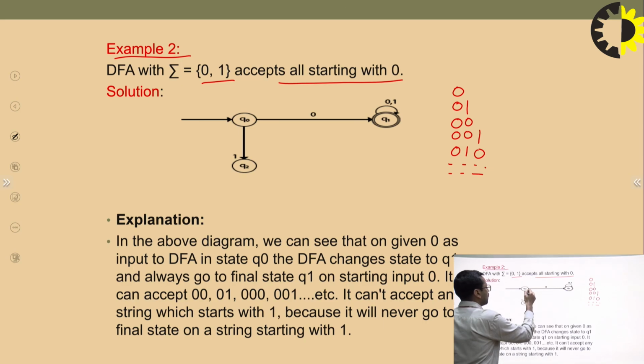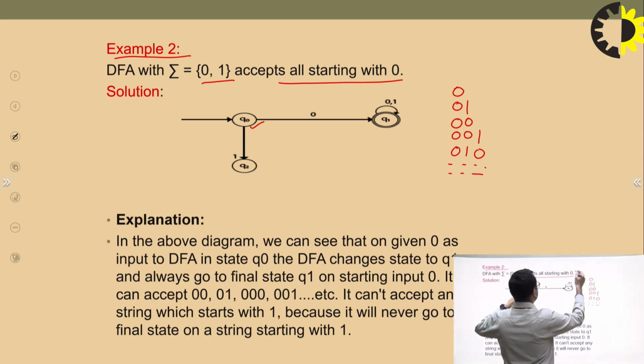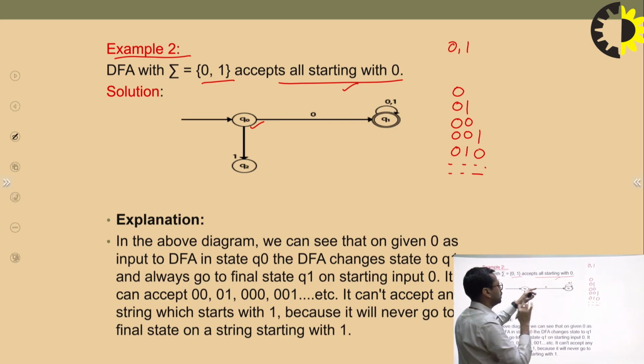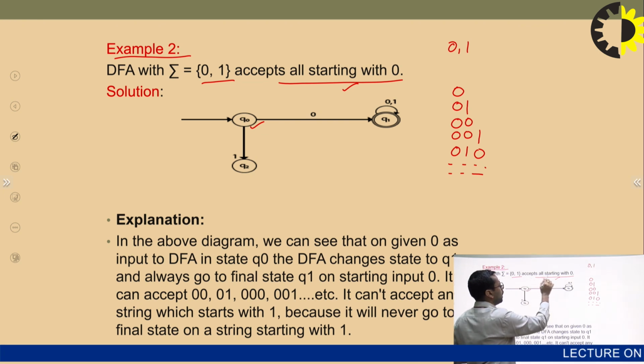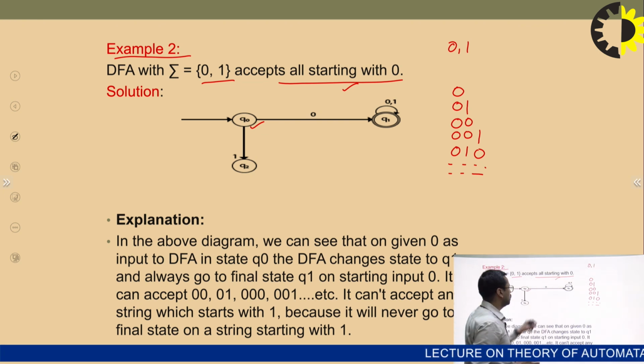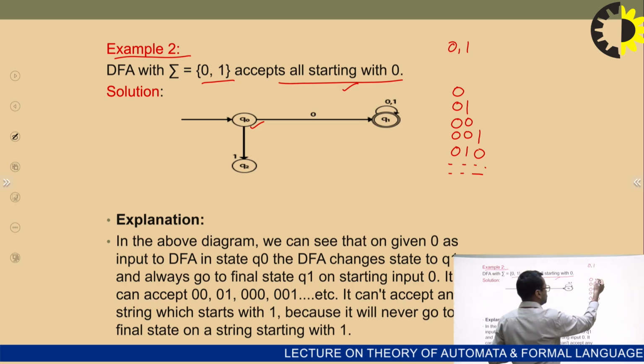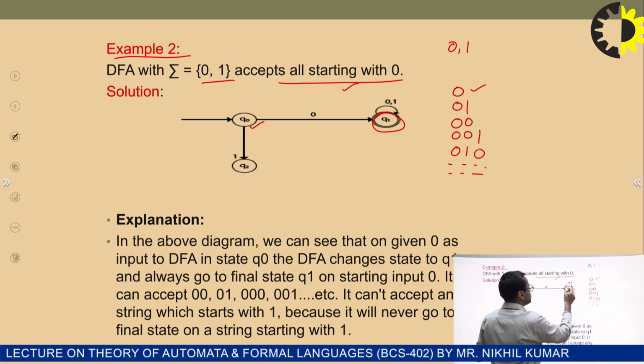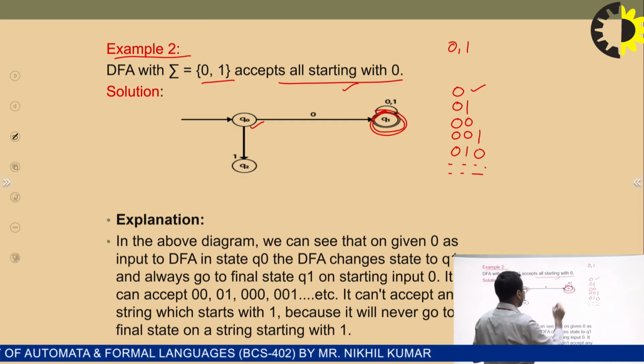So here Q0 is the initial state. The input symbols are 0 and 1. When we apply the first input symbol 0, it should reach the resultant state, because the basic criterion is that it accepts all strings starting with 0. So Q1 is the output state.